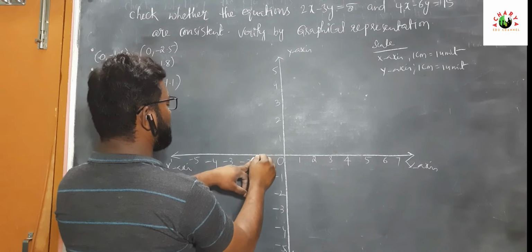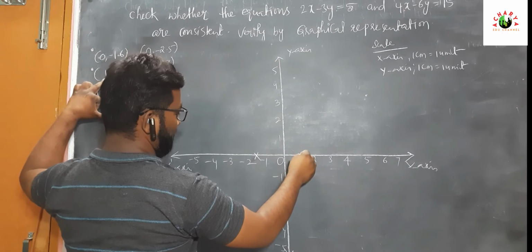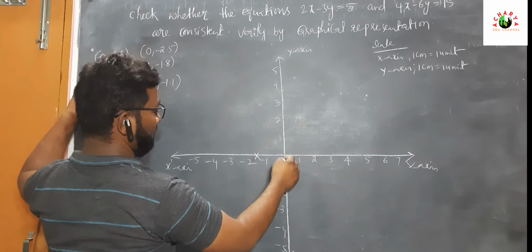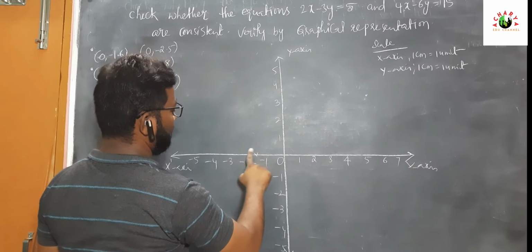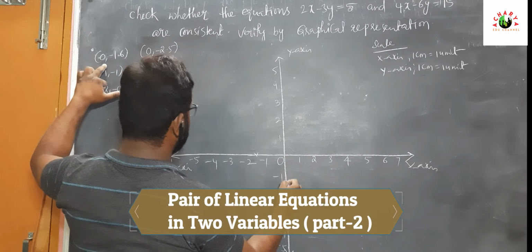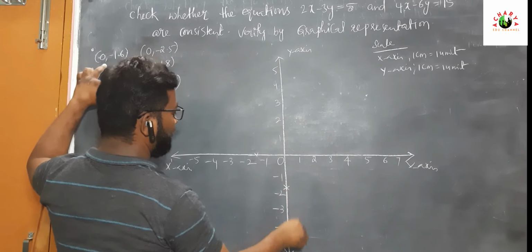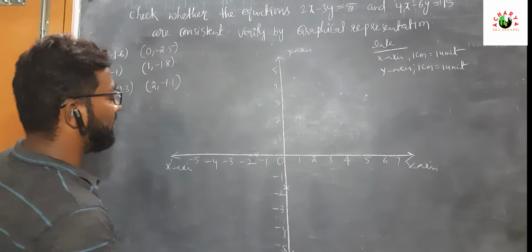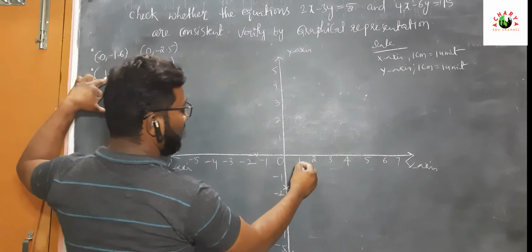Here the x-axis is 0 and the y-axis is minus 1.6, here. The next one is 1, minus 1, here, and 2, minus 0.3. The x-axis is 2 and the y-axis is minus 0.3, here.